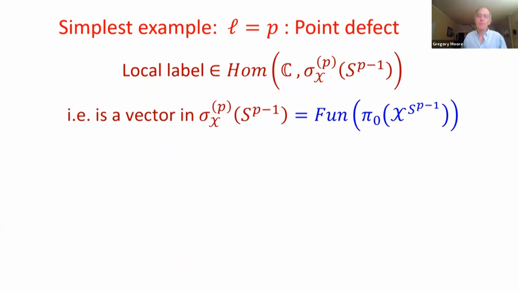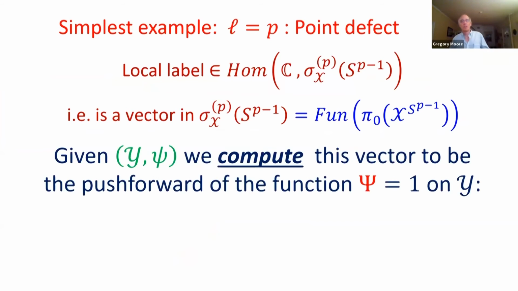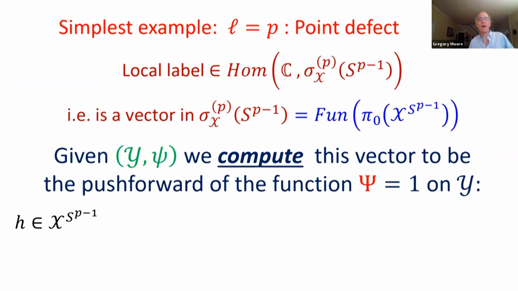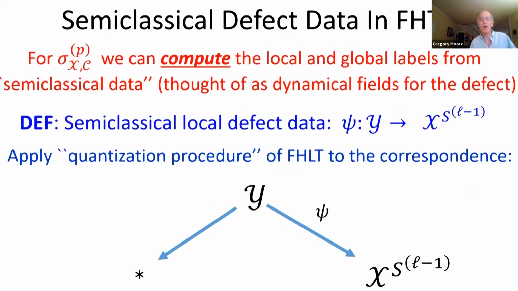And we agreed before that the state space is the locally constant functions on the mapping space X^{S^{P-1}}. So given this defect data, a space Y and a map psi, we can compute this vector in the state space. It's going to be the quantization of this correspondence.